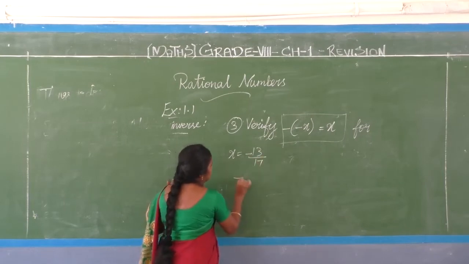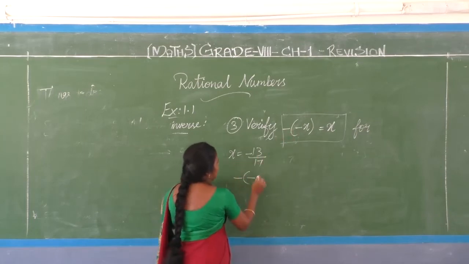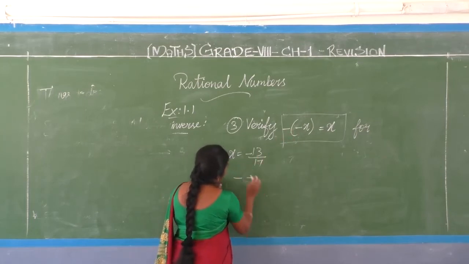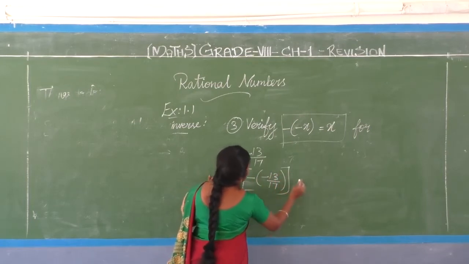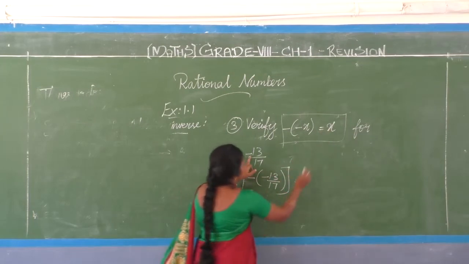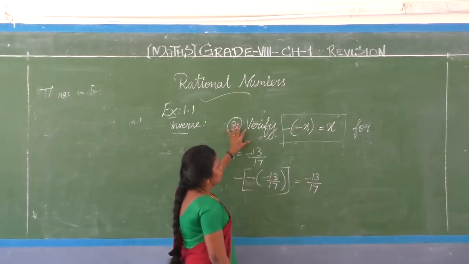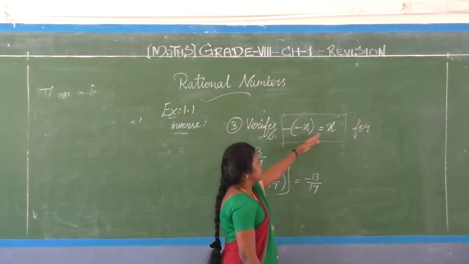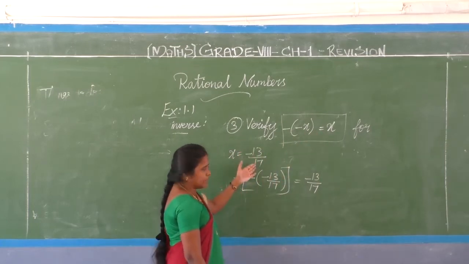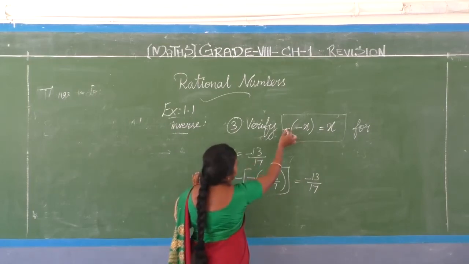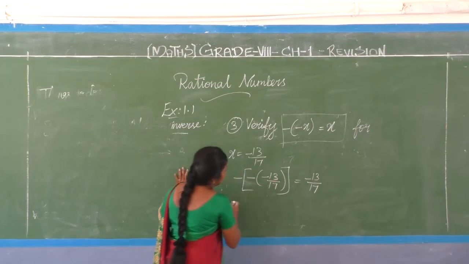See, check out the left hand side, minus x, as it is. X value given, right hand side, x value minus 13 by 17. We have to prove the result, minus of minus x equal to plus x. For that the x value is given as minus 13 by 17. So step by step you have to simplify.